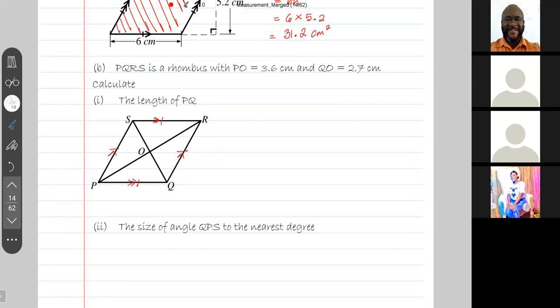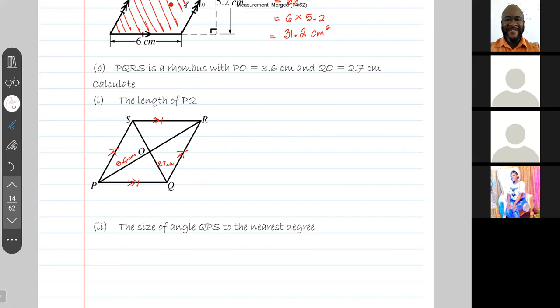The shape is a rhombus. We're told that PO is 3.6 centimeters. We are told that OQ is 2.7 centimeters. And we're asked to calculate the length of PQ.